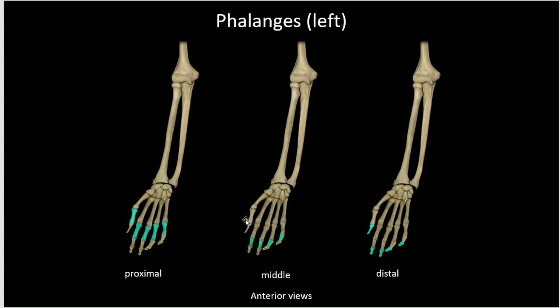The thumb does not have a middle bone, but the rest of the phalanges do. So these are our proximal bones. Got 4 middle bones, 5 distal. 1, 2, 3, 4, 5. Middle, distal. But again, the thumb does not have a middle bone.